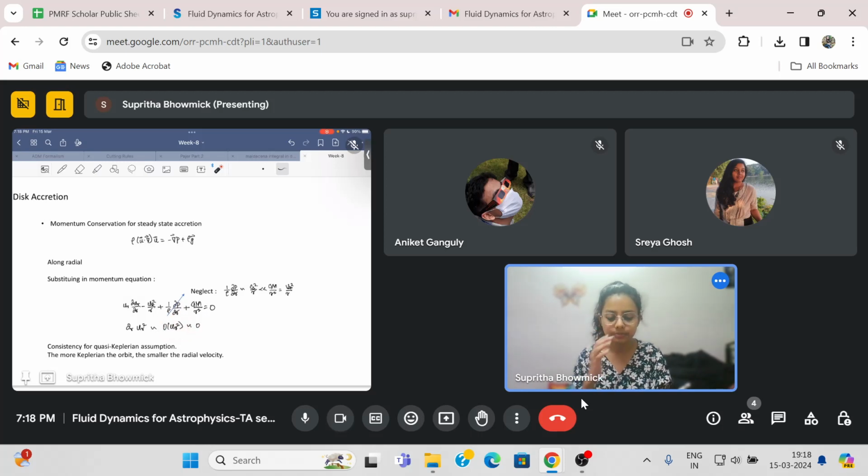This justifies and gives you a consistency for your quasi-Keplerian assumption. It tells you that the more Keplerian the orbit is, the smaller your radial velocities are. Deviations from your Keplerian orbit give you a small radial velocity. This is all that the radial component of the momentum conservation equation is telling you.